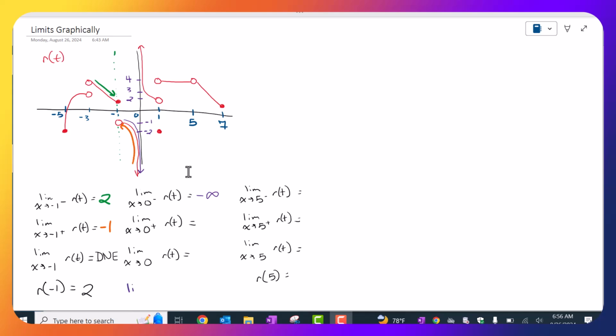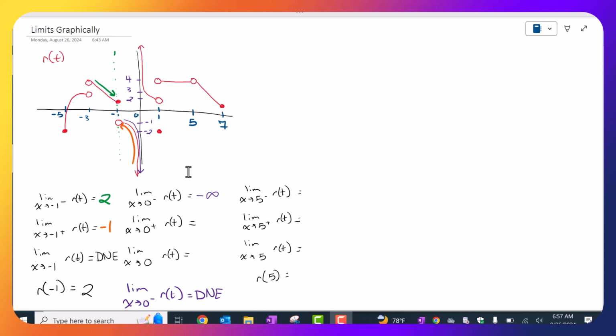Technically this limit, as x is approaching 0 from the left of r of t, you could also say this limit does not exist, because infinity is not a number, and our limits are supposed to be a number. But this is where mathematicians get a little weird with notation, because the limit does not exist, but it gives us more information to say that it's approaching -infinity than it does to say the limit doesn't exist. Because the limit not existing could mean a bunch of different things. So when we can say something specific, we do, but technically that limit does not exist.